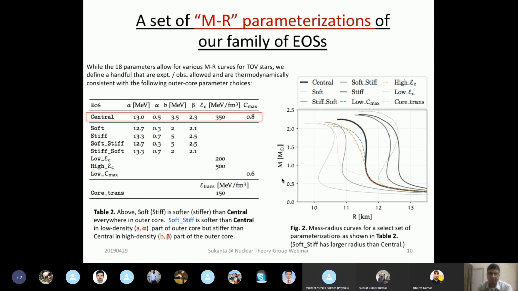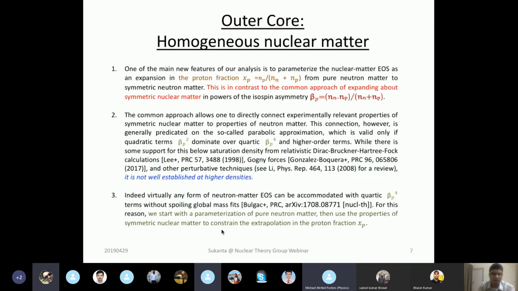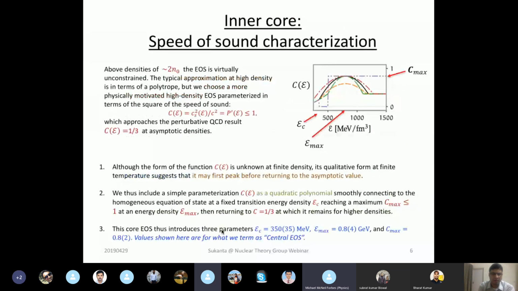Sukanta, can you go back to the equation of state, this core speed of sound? Hello. So in this, there's one different equation of state we used in the core, which is this purple line, which we call the core transition. And here we allow for the possibility of a first order phase transition, yes, that one, followed by a constant speed of sound that is large enough to support a 2 solar mass star.